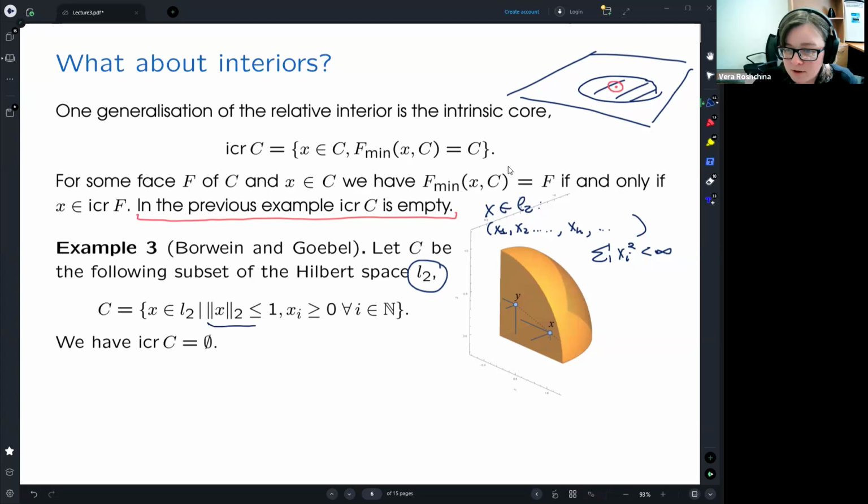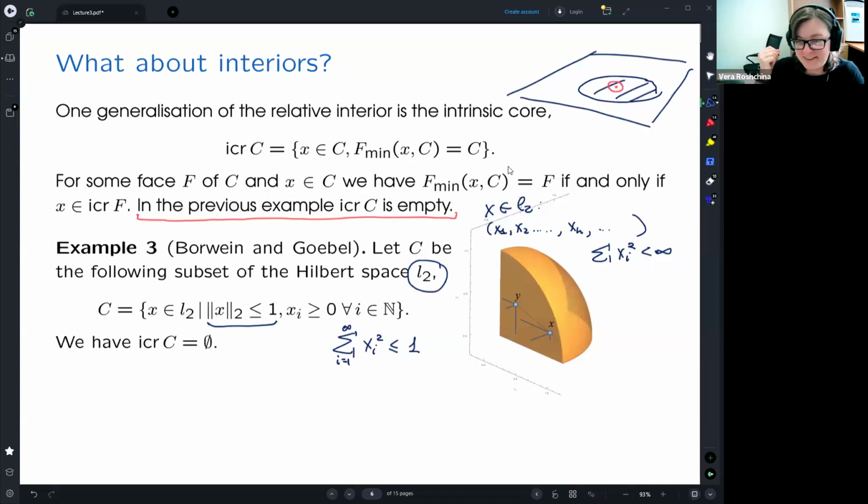So we want the series, the sum of x_i squared, to be less than or equal to 1, and we want every coordinate to be non-negative. This set has an empty intrinsic core.